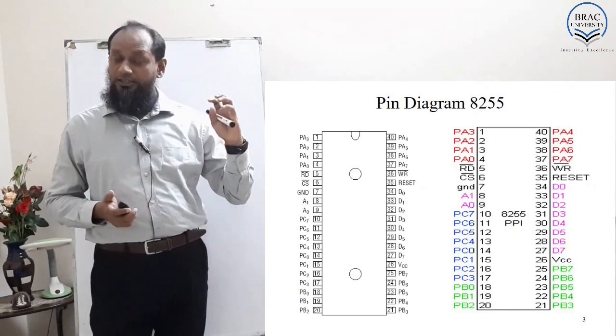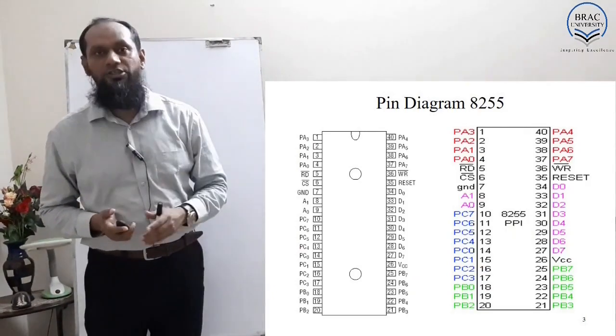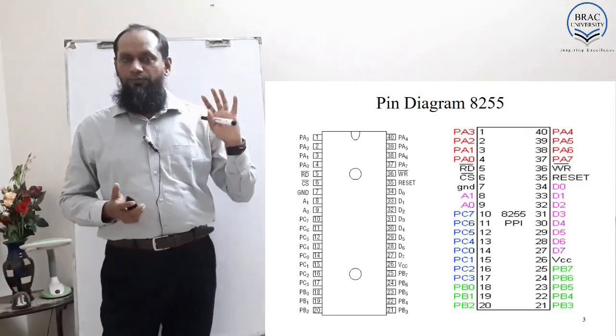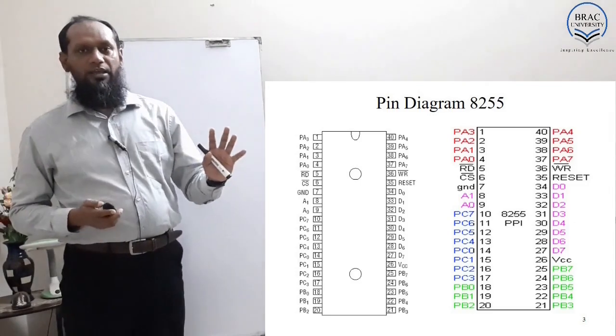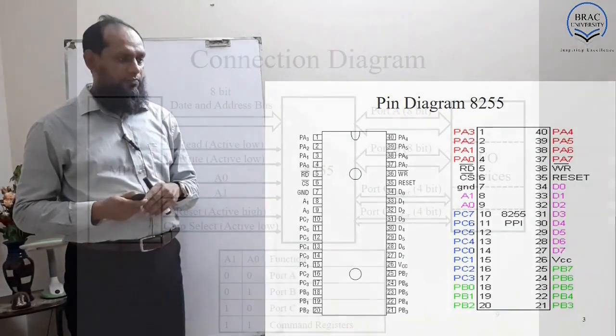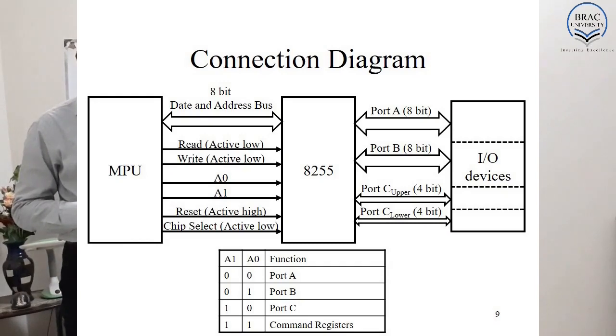Now, as this is an IC, we need to know the pin configuration. Take a look at this figure. The 82C55 is an interfacing IC.